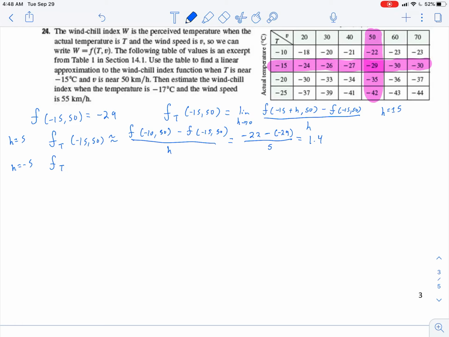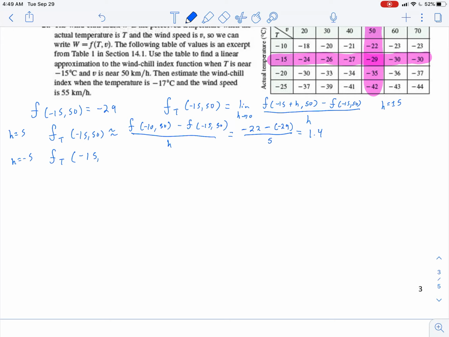All right, same thing, but now h is negative 5, so we're going back 5. We're going to have negative 20, 50. I'm sorry, I'm going to keep that negative 15 because we're approximating it, but we're going to use f of (negative 20, 50) minus our initial f divided by h.